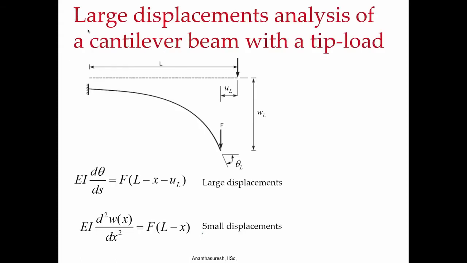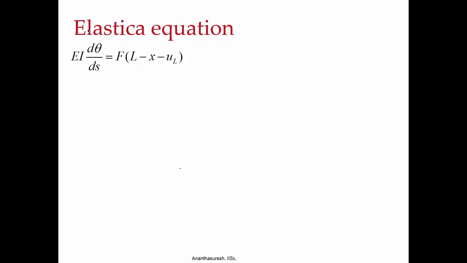So, once again, these are small displacements that we have and a large displacement governing equation with a tip load, that is all we are taking, and we have this UL appearing in the large displacement case in addition to w of x. This equation is called the Elastica equation, not elastic, Elastica equation.